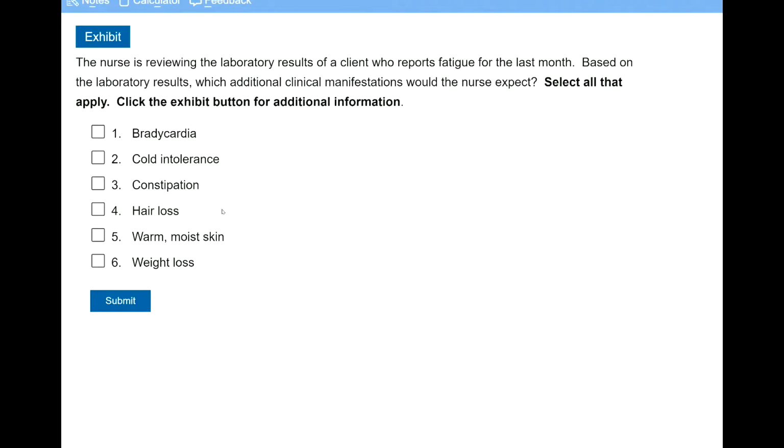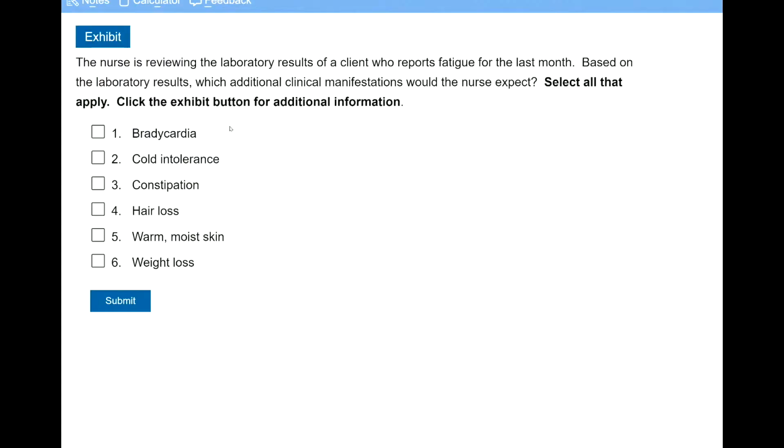If I look at an option and say that's false, I can just click it, make it go away. That helps me break it up into more manageable pieces. It's a lot easier to look at 6 small questions than one giant one. Based on these laboratory results, we know this client is either experiencing hypo or hyperthyroidism. So we're going to look at our option choices here and see what we think matches up.